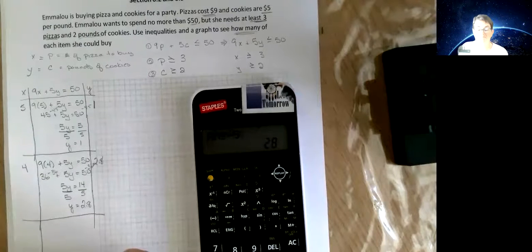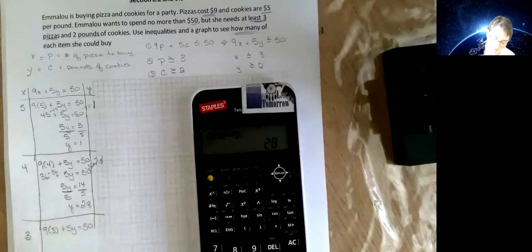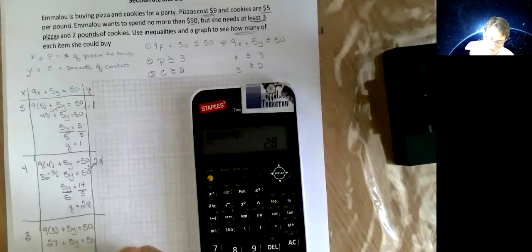What do you think? 3. All right, so 9 times 3 plus 5Y is equal to 50. 9 times 3 is 27, so 5Y is 50 minus 27. 50 minus 27 is 23.